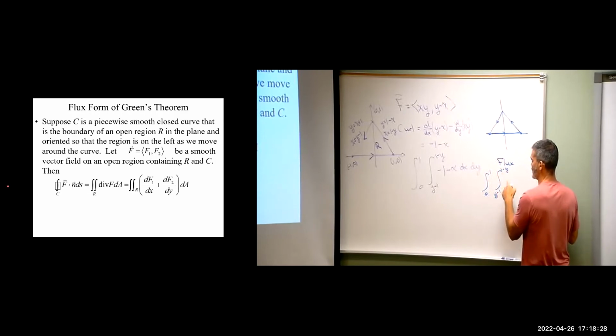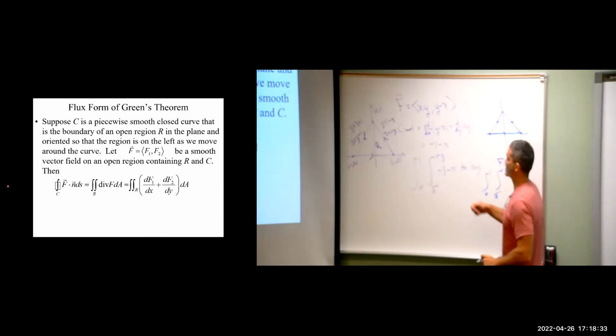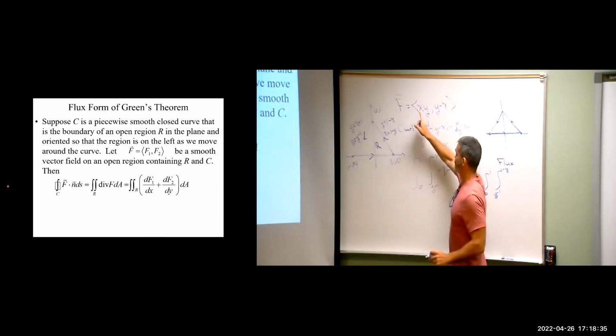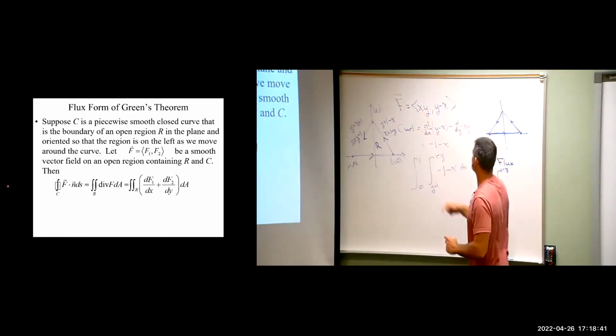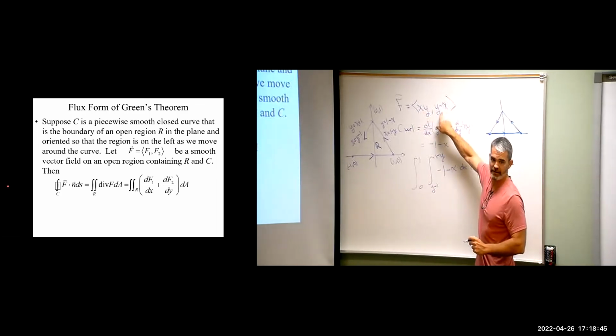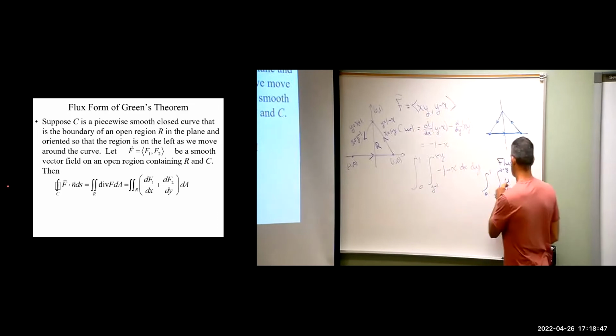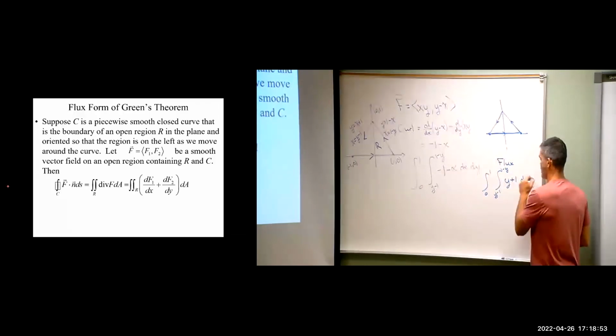The only difference is what goes in here is now we're using the flux. So remember that the flux is the straightforward one. So d/dx of this guy, so we get y, plus d/dy of this guy, so y plus 1. And we're doing the same order, so dx, dy. There's the flux integral.